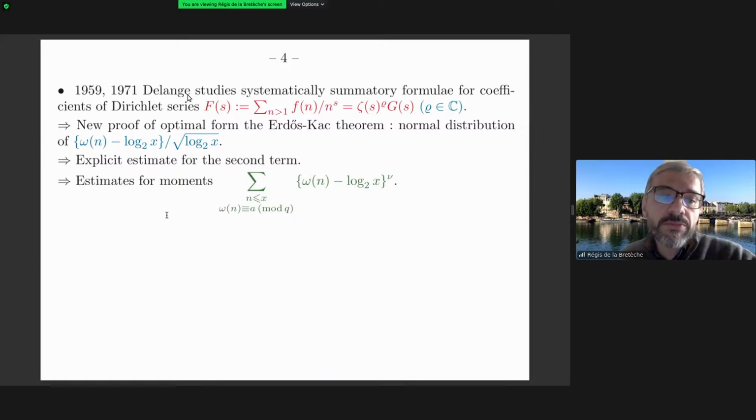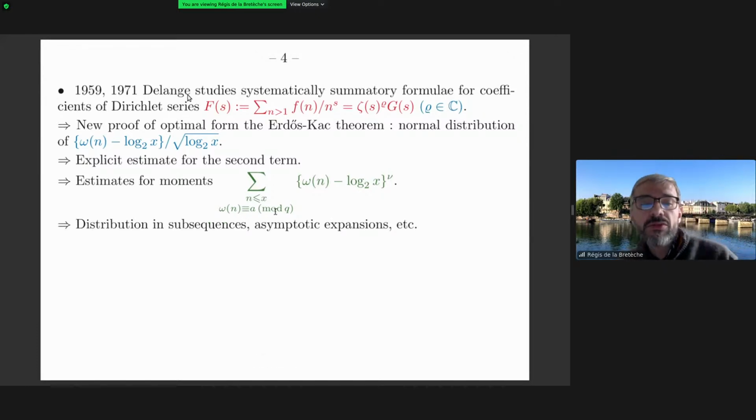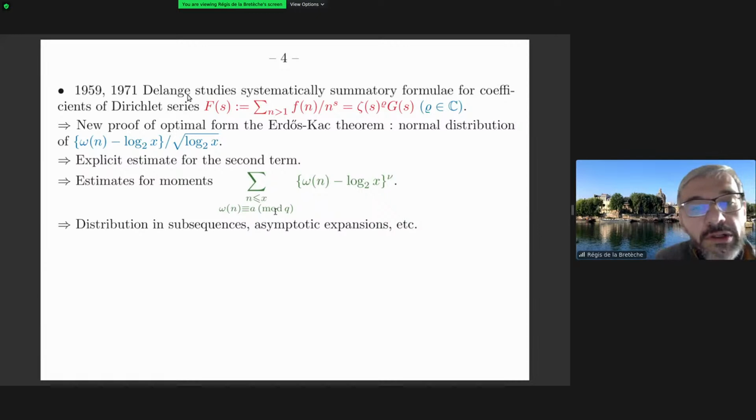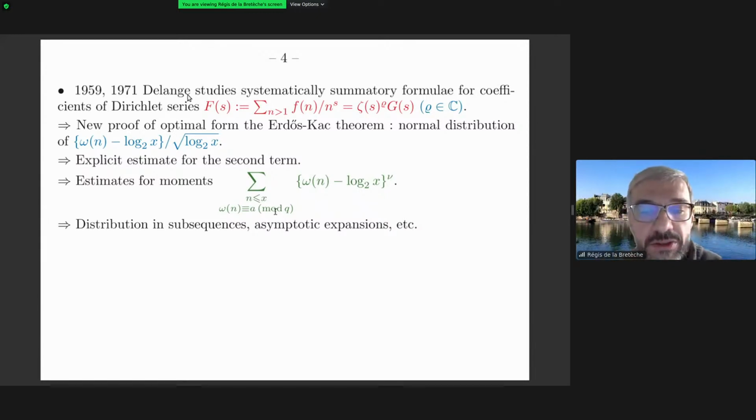And we are also able to estimate the moment of omega of n minus log x in some sets, for example, for the set defined by the condition omega of n is congruent to A mod Q. So there are many more examples of application, such as distribution of some subsequences, asymptotic expansion and so on.